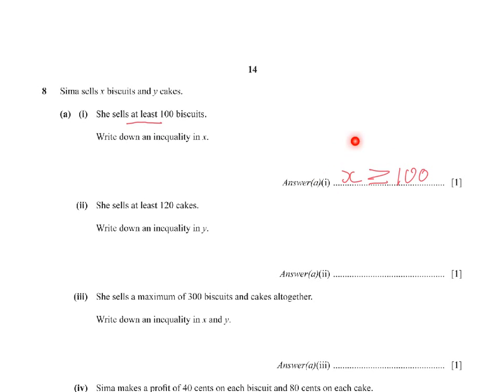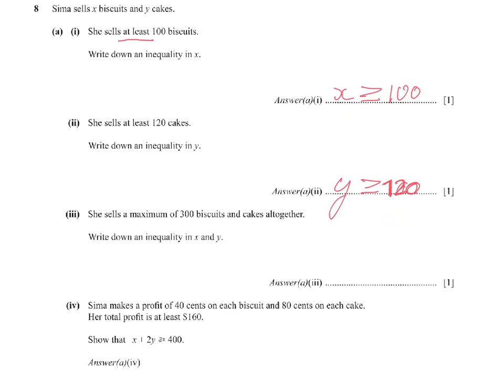For 1 point, there's not a lot of work involved. There you go. She sells at least 120 cakes. Now an inequality in Y. So Y also has to be bigger or equal to, not 100, it's going to be 120, they say. So don't make any silly mistakes like I almost did. We still have to pay attention.